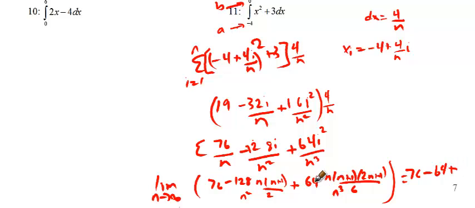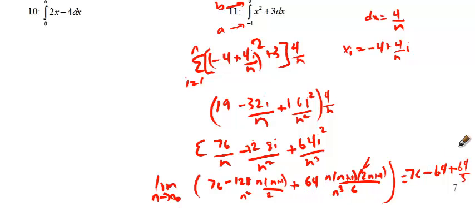Plus, and over here, you might be tempted to say, okay, well, 64 and 6, n times n times n is n cubed, but this 2 is going to throw that off. So this is 64 times 2 divided by 6. Well, the 2 and the 6 end up making a 3, so it's 64 over 3. Add those together, and you get the true area under the curve.